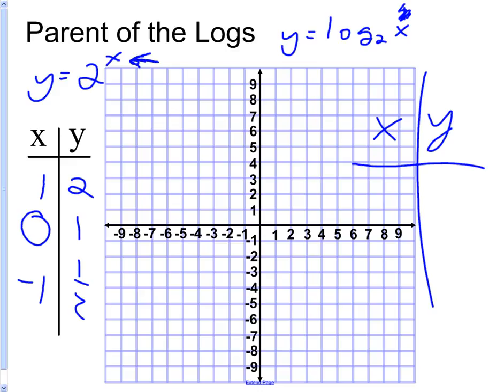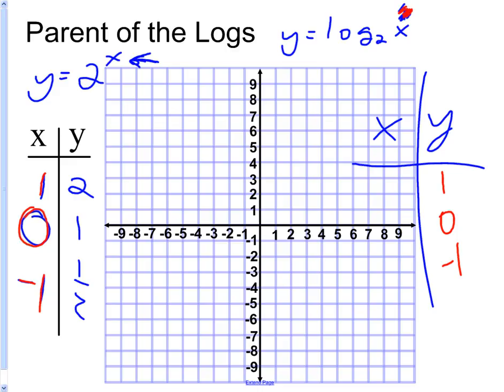Any ideas what my 3 key points are going to be? Instead of sticking in 1 and 0 and negative 1 for x, I'm going to stick them in for y. Watch how easy it'll be to do.